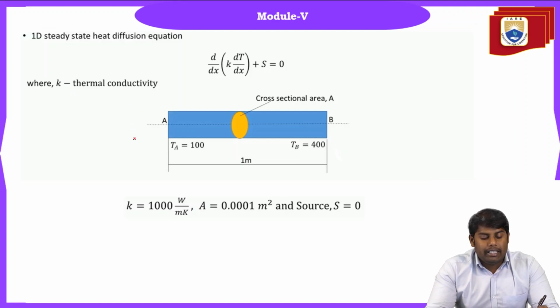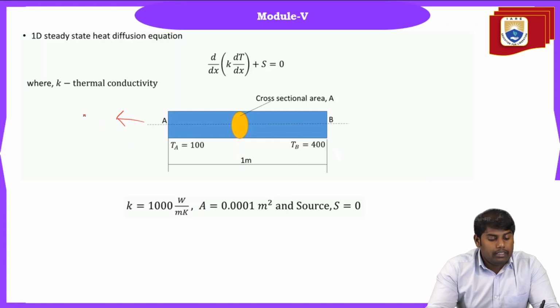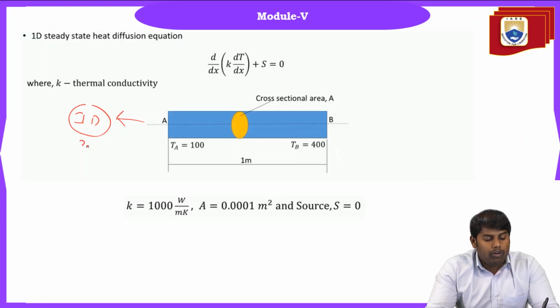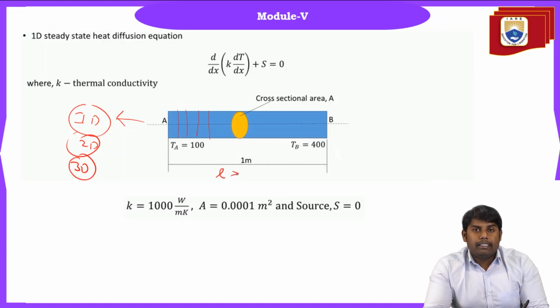So it is a 1D element. So basically, you can see this is a 1D element. What is a 1D element actually? What is a 2D element? What is a 3D element? When I say 1D, the cross-section area, this area, this area, this area, we assume it is constant, where the length is greater than the height, or you can say the diameter.